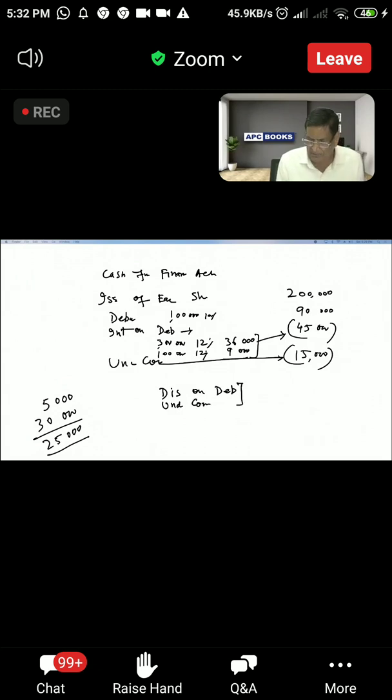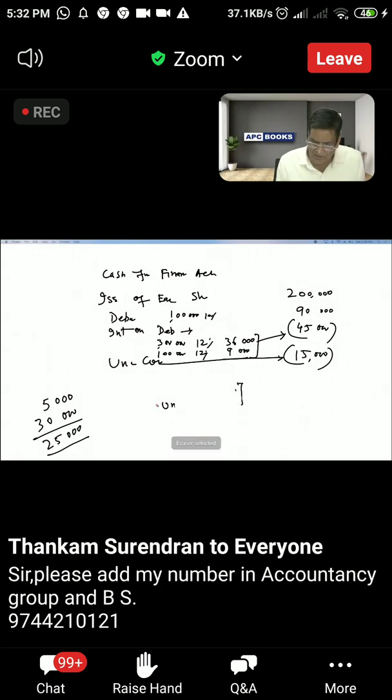These are the capital losses. All capital losses were written off. And naturally, they were written off from security premium reserve. So, a student must prepare a security premium reserve account.